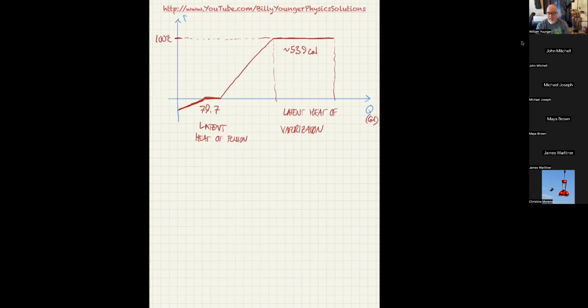So the water will, in small amounts, change from the liquid state to the gaseous state.